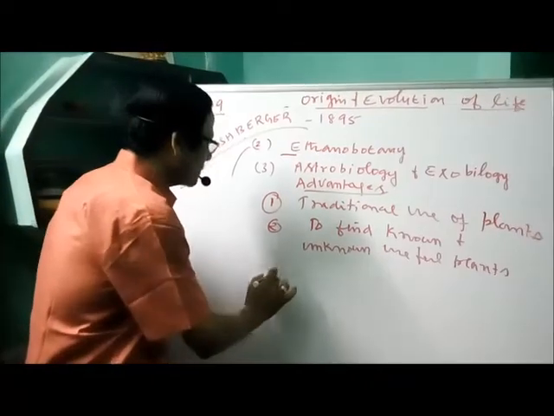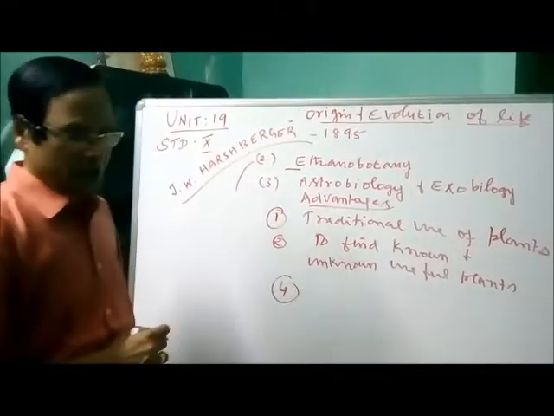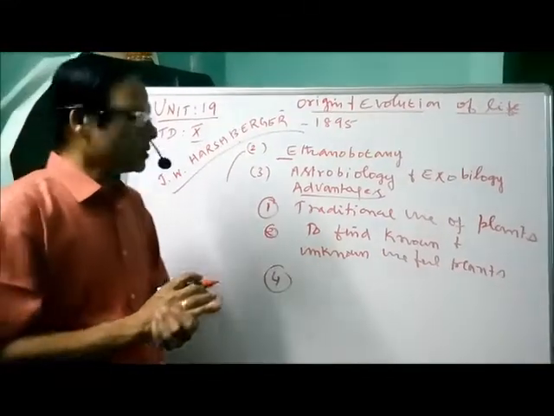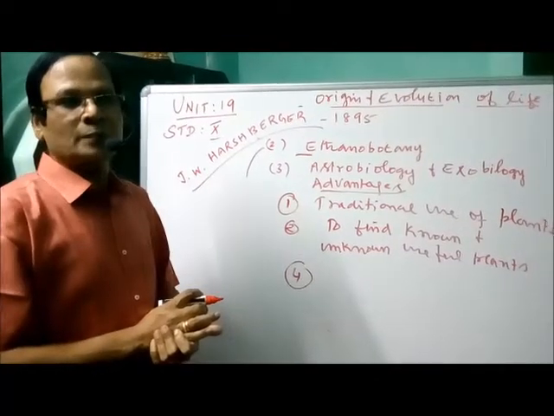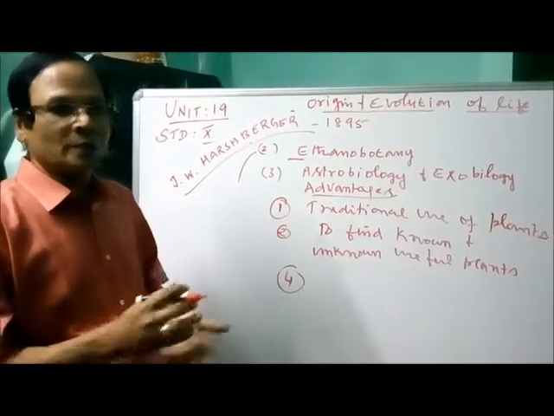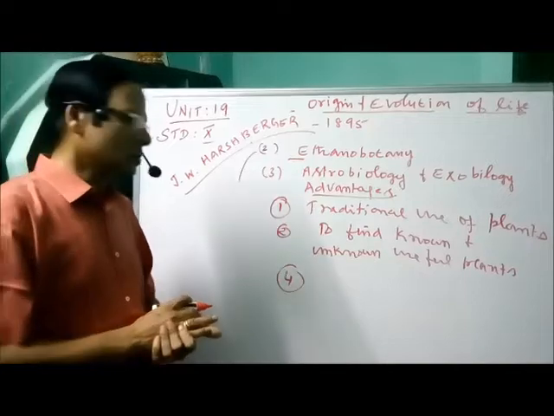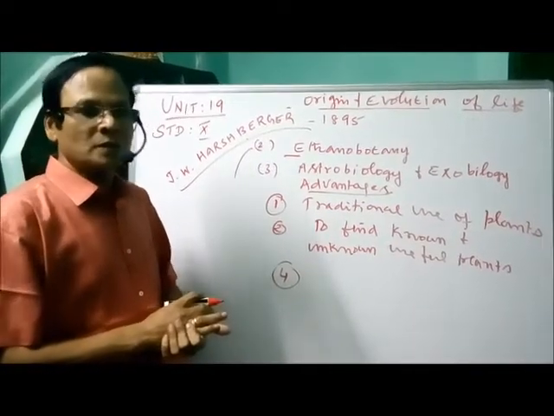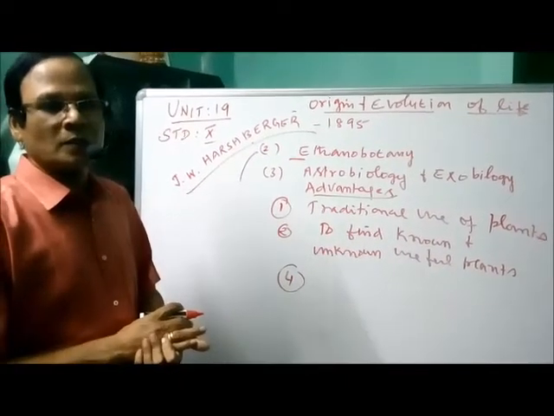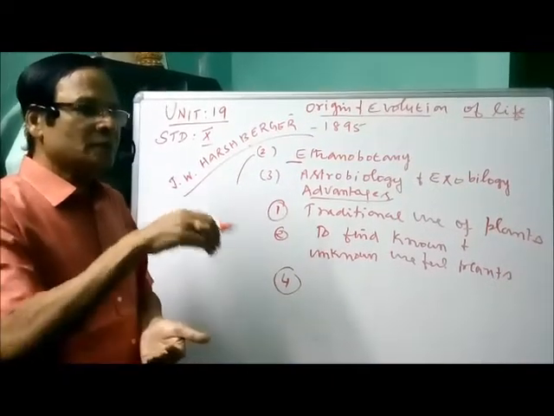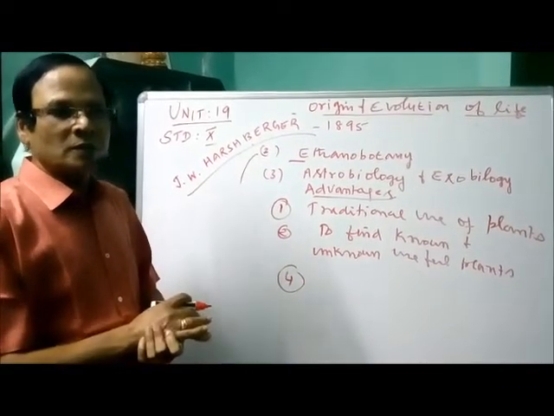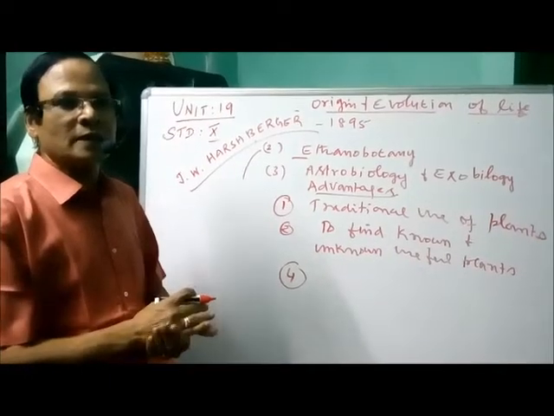Then lastly, we have tribal communities. The tribal communities utilize the different ethnomedicinal plant parts, for example, the root system, the stem, the bark, the flower, the fruits, the seeds, and also the secretory products, the oil, the gums, the resin and dyes.